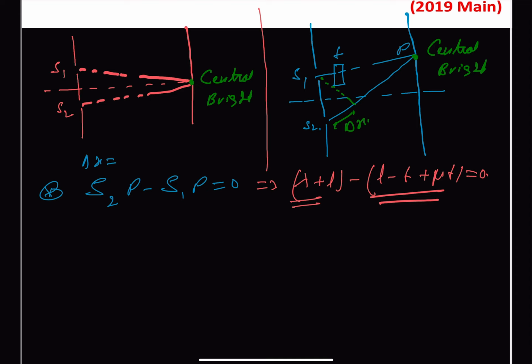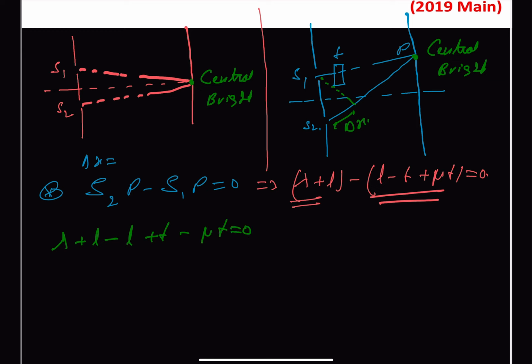So we can further solve it, and we get lambda plus L minus L plus T minus mu T is equal to 0.